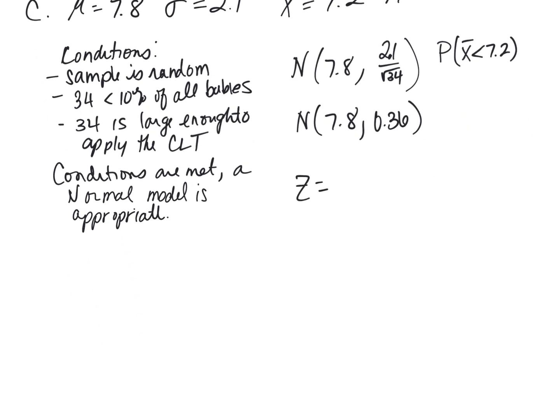My sample mean, x bar, is 7.2, minus the population mean, 7.8, divided by the standard deviation of the sampling distribution. So negative 0.6 divided by 0.36 is negative 1.667.